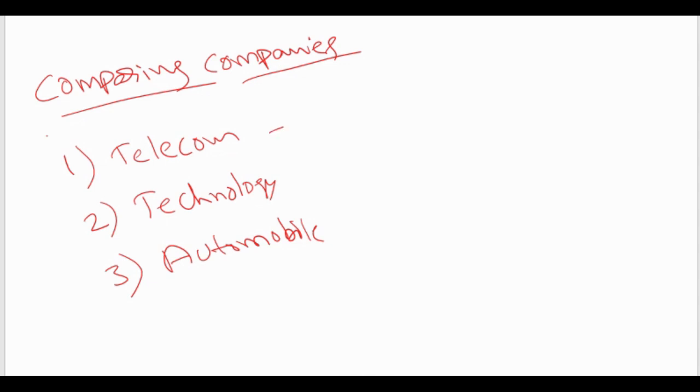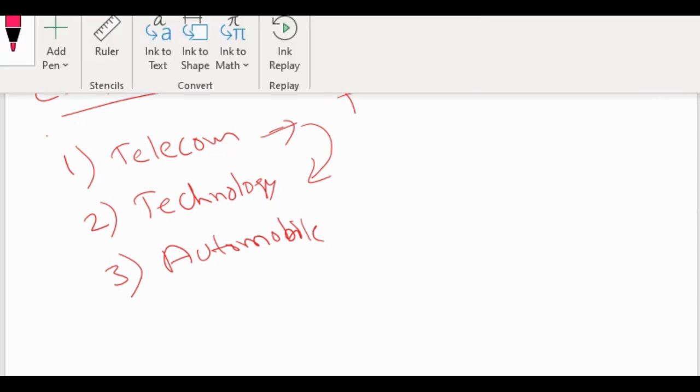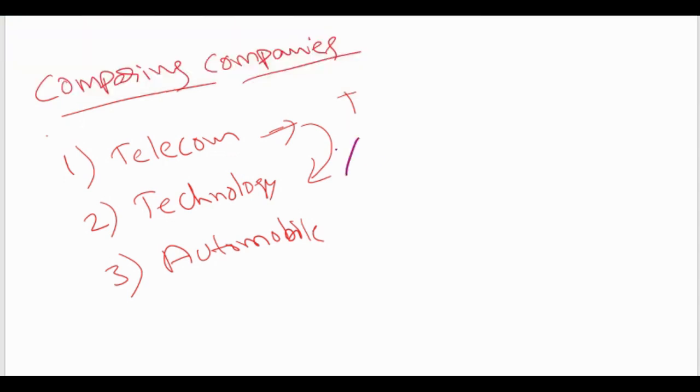If you are comparing companies, then you should compare one telecom company with another telecom company. But if you compare a telecom company with a technology company, then you will not get any proper results. So this is wrong and this is right.